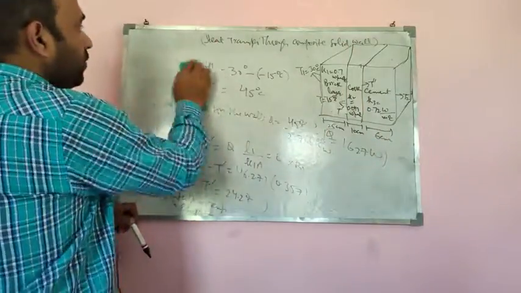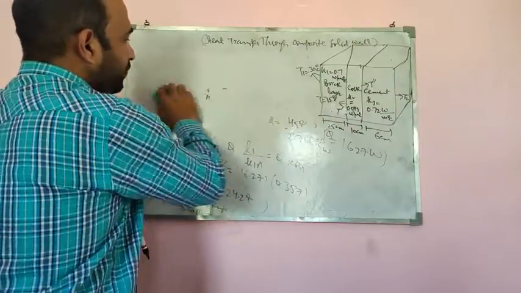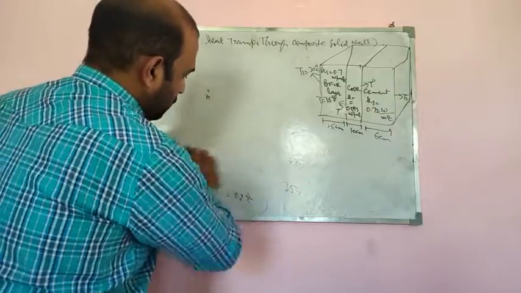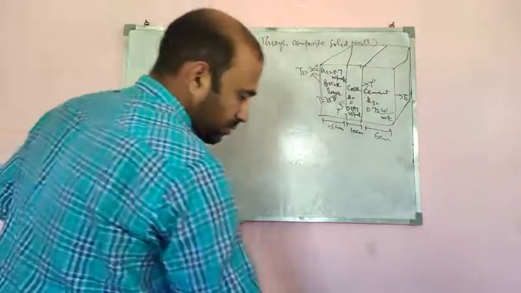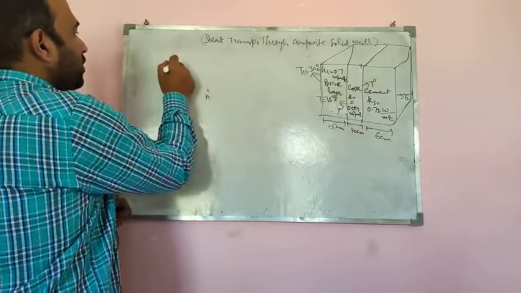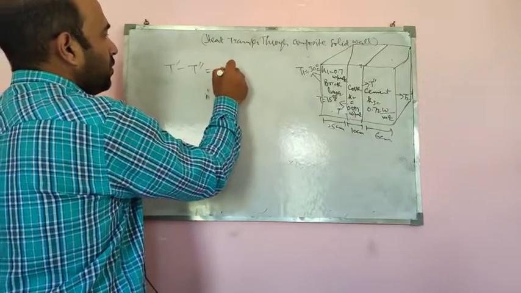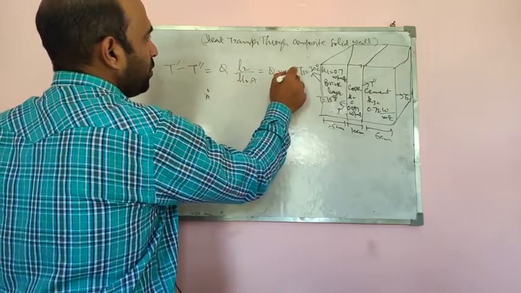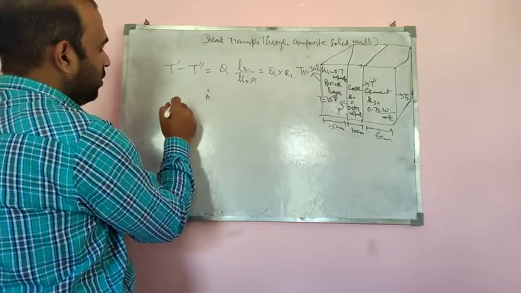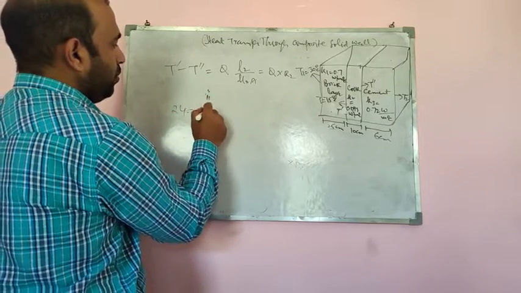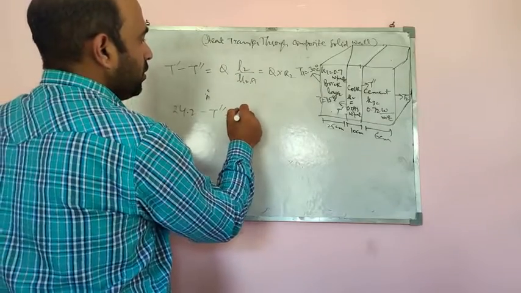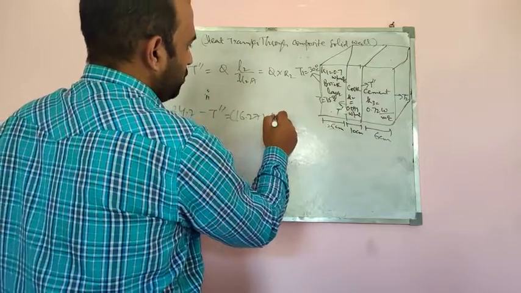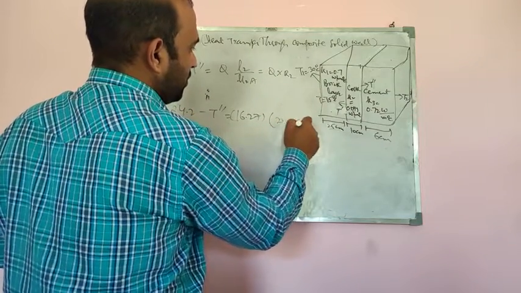Now we have to find the interface temperature between the cork and the cement layer, that is T dash minus T double dash. It should be equal to Q L2 by K2A, or the same as Q into R2. T dash is already found as 24.2, minus T double dash, equal to 16.27 Q times R2, which is 2.326.